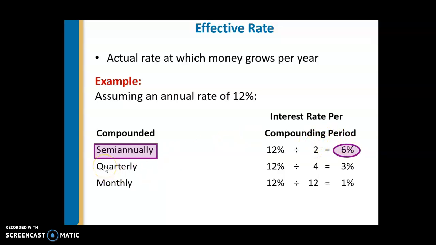Quarterly compounding means that we would calculate our interest at 3% 4 times during the year, and monthly interest means that we would calculate the interest at 1% 12 times during the year.